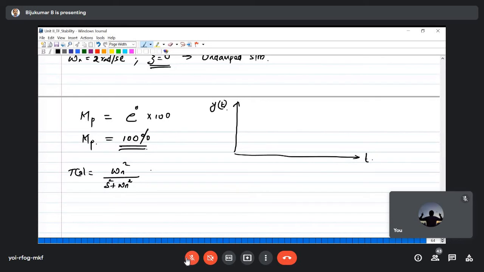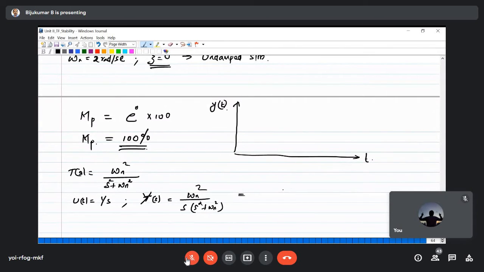So if you find the step response, can you find out the step response for this one? That means U(s) equal to 1 by s. So Y(s) becomes 1 by s times omega n square divided by s square plus omega n square, right?